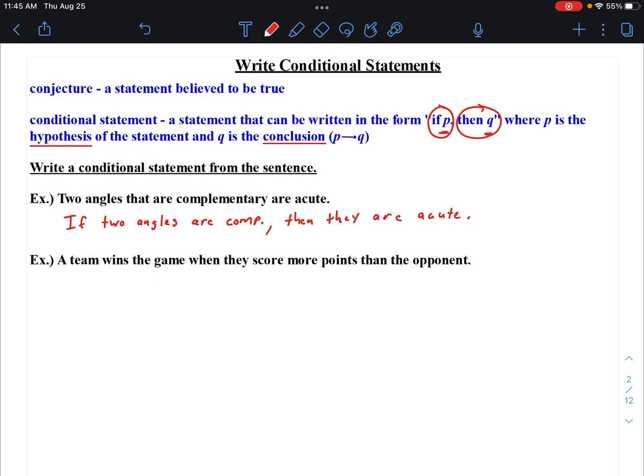Let's try it again. So here's the second one. A team wins the game when they score more points than the opponent. Okay, now here's an example of this. This word when is essentially the same thing as the word if.